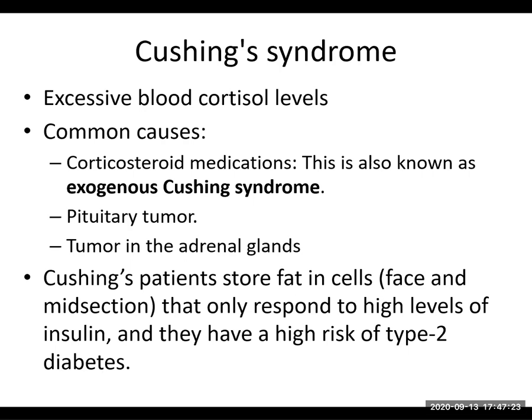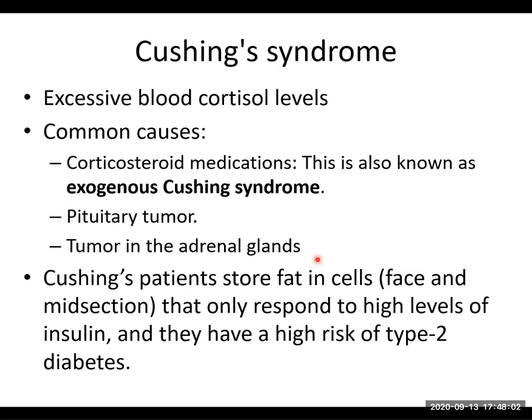This hyper can be due to the body producing, like, a pituitary tumor or a tumor in the adrenal glands, so the cells overproduce too much of this cortisol. It also can be due to the patient who takes cortisol as a medicine.